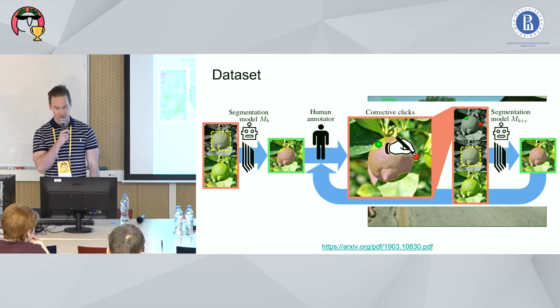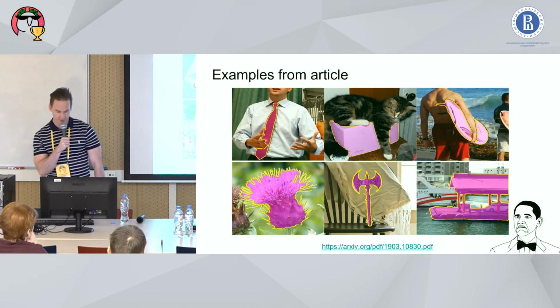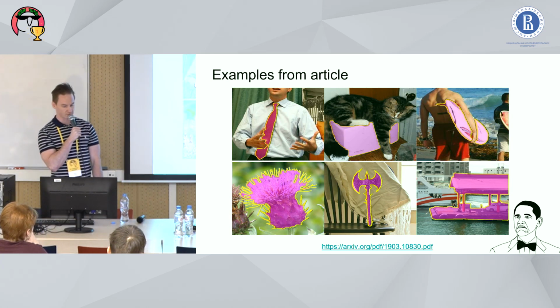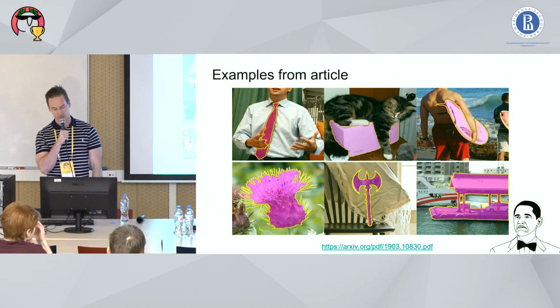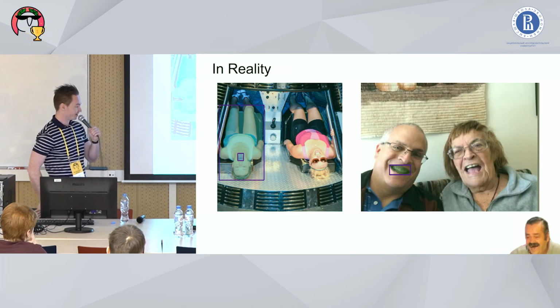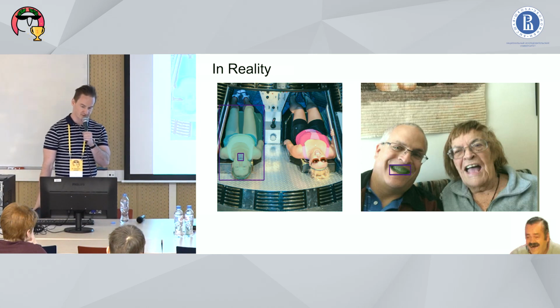So it's very important to know that the train and the test parts are significantly biased in terms of annotation procedure. This is an example from the article. They look very good because, well, there are some difficult objects with sharp structure. But if you look at the dataset yourself, you can find examples like these.